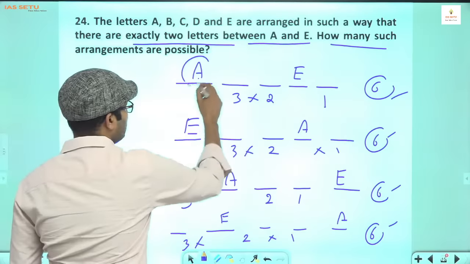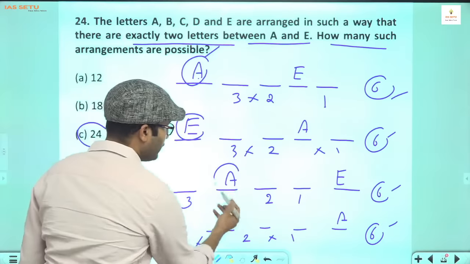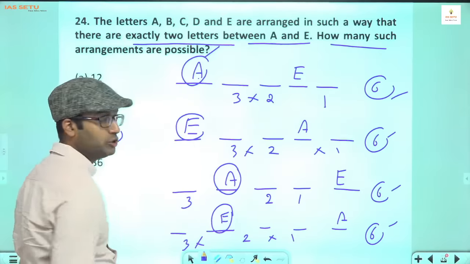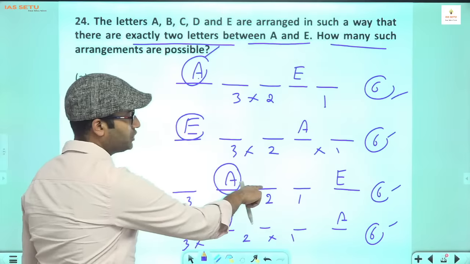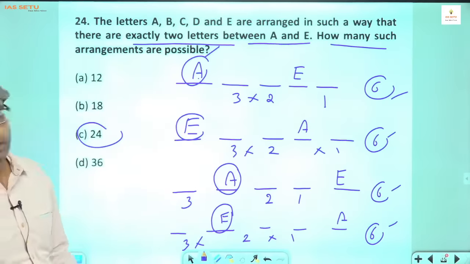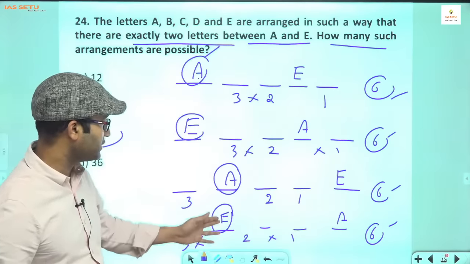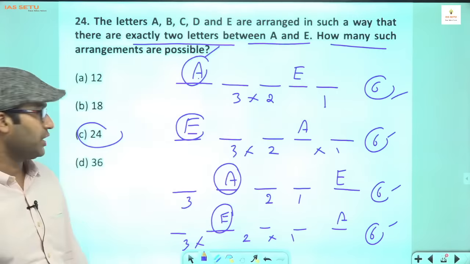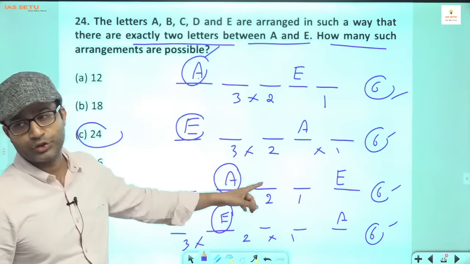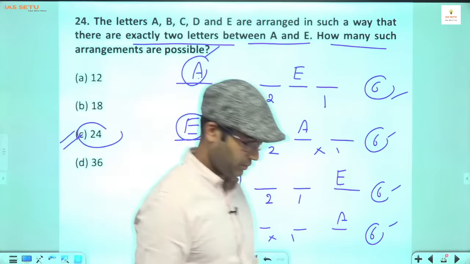First you take A on the first position, or E on the first position, then A on the second position, or E on the second position. You cannot take A on the third position because between A and E exactly 2 letters have to be there. In the middle you cannot put either A or E, that will not match. 24 is the answer, manually.